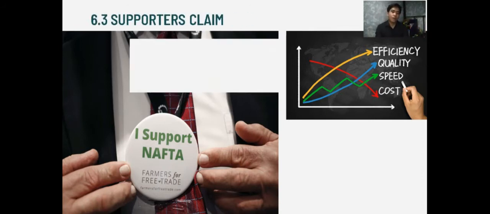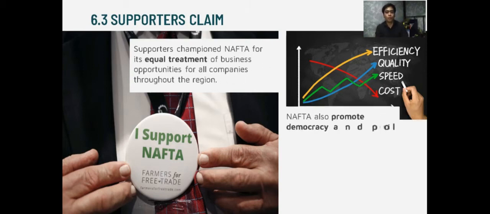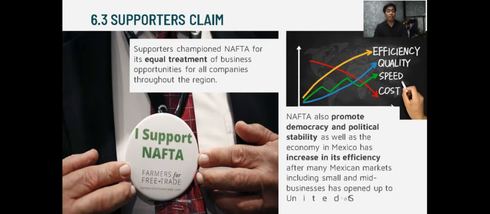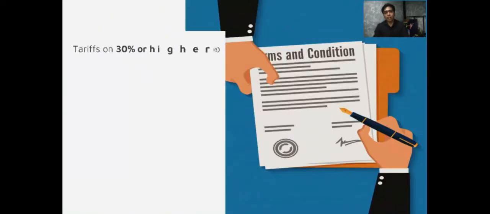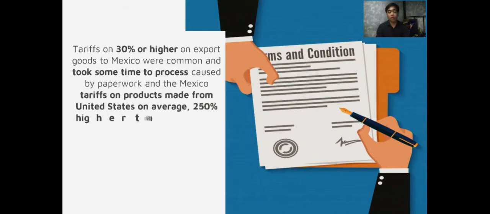Alright, next are the supporters' claims. Supporters commend NAFTA for its equal treatment of business opportunities for all companies throughout the region. NAFTA promotes democracy and political stability. Mexico's economy has increased in efficiency after many Mexican markets, including small and mid-sized businesses, have opened up to the United States. Tariffs of 30% or higher on goods exported to Mexico were common.